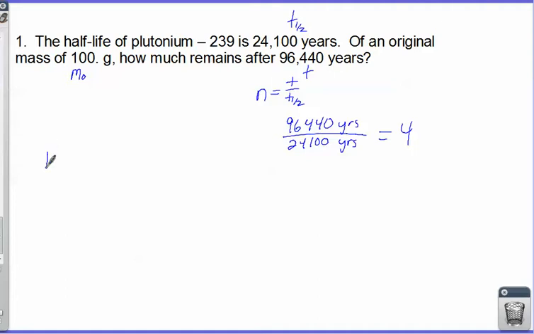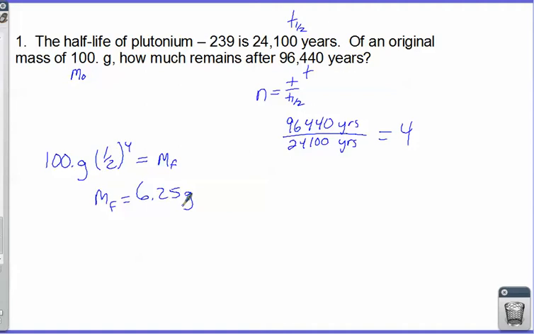We're then going to take our 100 grams, which has 3 sig figs because of the decimal place, times 1/2 to the 4th power, which is equal to our final mass. So plugging this into our calculator, it gives us a final mass of 6.25 grams of our radioactive isotope remaining for plutonium-239.